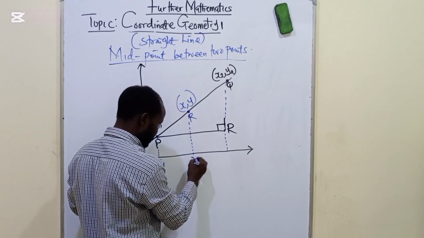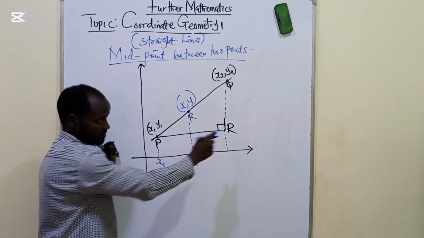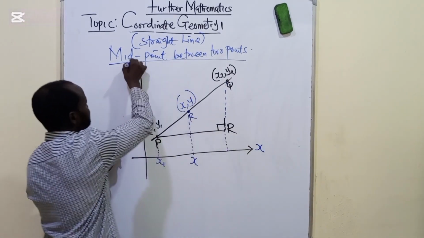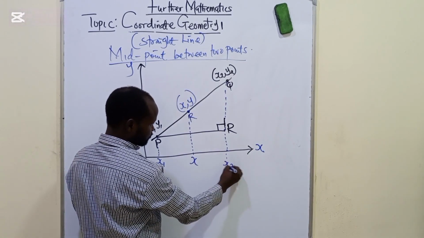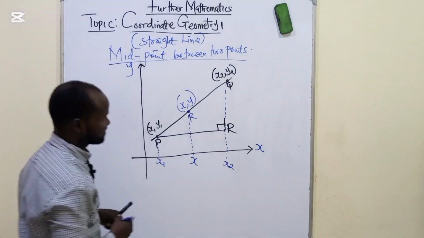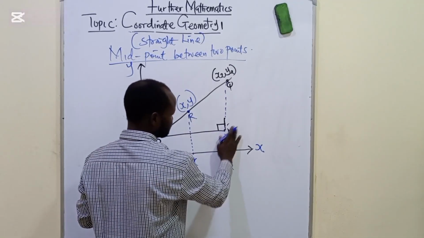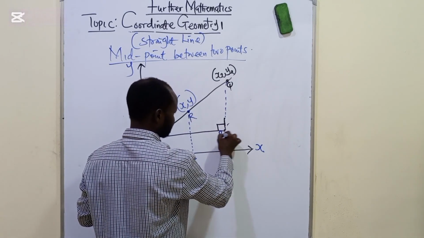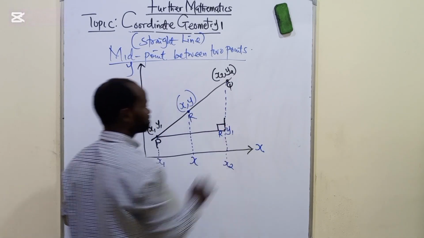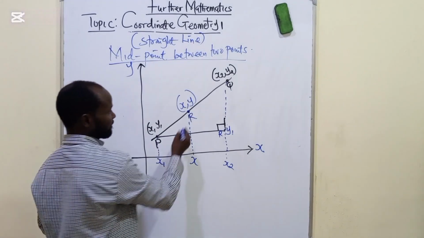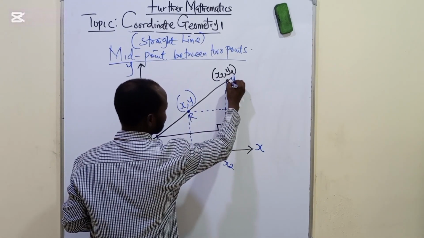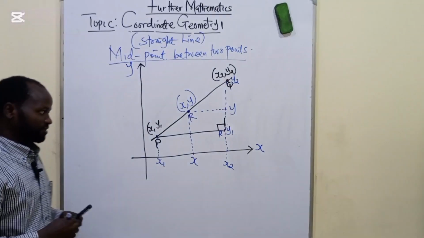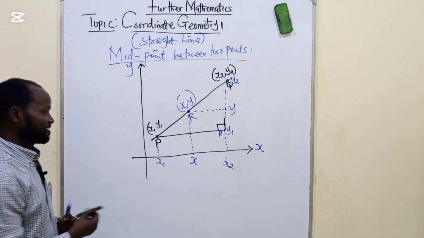Here will be x because this is the x-axis, and this is the y-axis. Here, of course, will be x2. Here will be y1. Then the midpoint here will be y. Then here will be y2. Very important. Then let's analyze this.